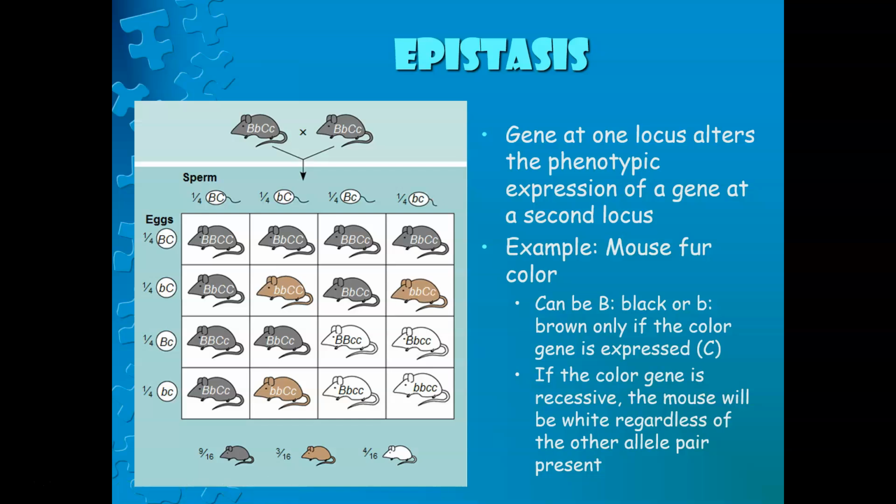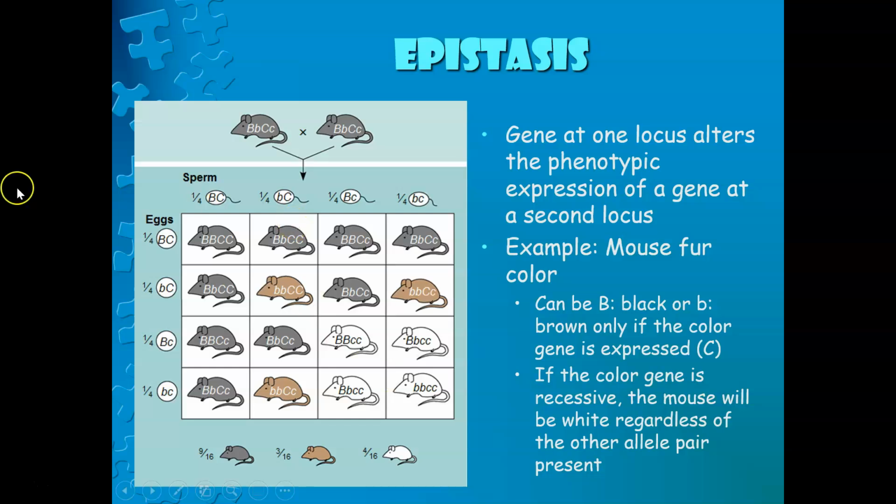So when we combine these, all of the ones that are completely recessive for that color expression, meaning they can't express color, period, it doesn't matter what the brown versus black was, these guys end up as white. So long as I have one dominant color expression gene, one capital C, then we can start looking at the actual Bs, the browns versus blacks, to see what color they are. So you get this really interestingly unique expression in the way that these work.